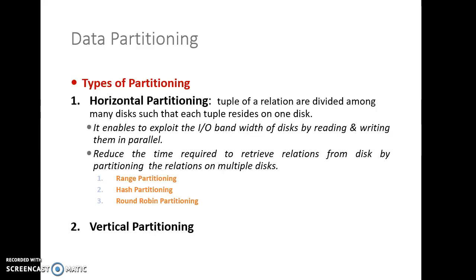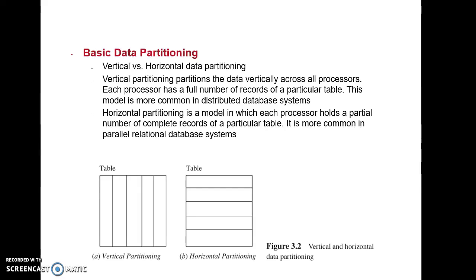Vertical partitioning means taking a single column of the rows. Like if we have a database with name, roll number, and age, and we want all the names in the database, then it is vertical partitioning. Whereas if we want the 3 people whose roll number is greater than 30, then it is horizontal partitioning. So let's focus on these 3 partitioning techniques: range partitioning, hash partitioning, and round robin partitioning.